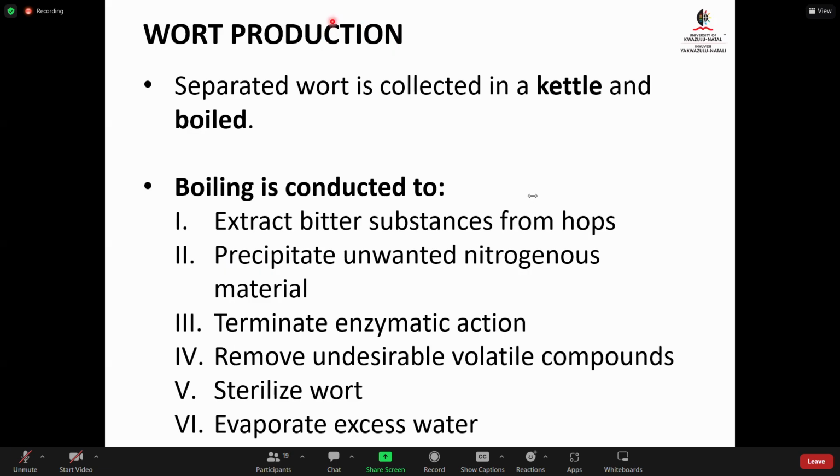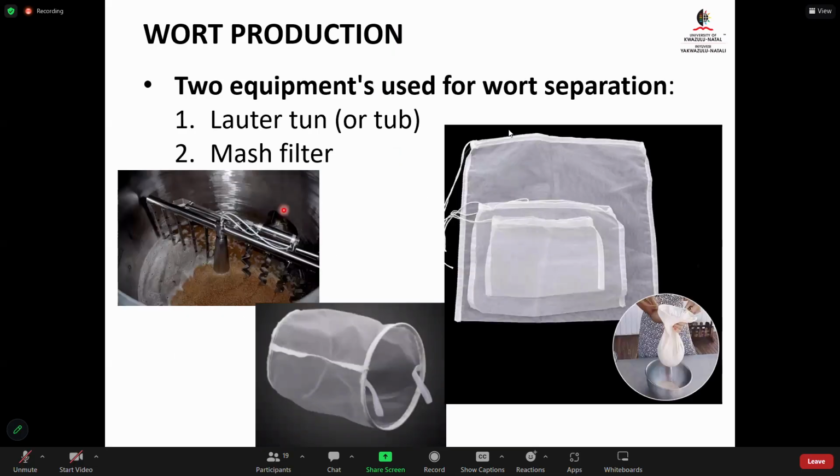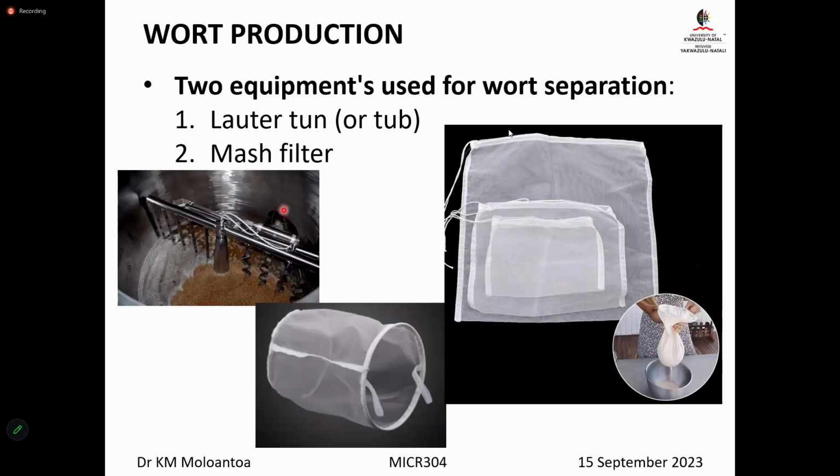And then you need to also make sure that your temperature does not go too high, right? After that is done, you allow that to be maintained at 68 degrees for around an hour. And after that hour, you separate the spent grain and the liquid, which is the wort.